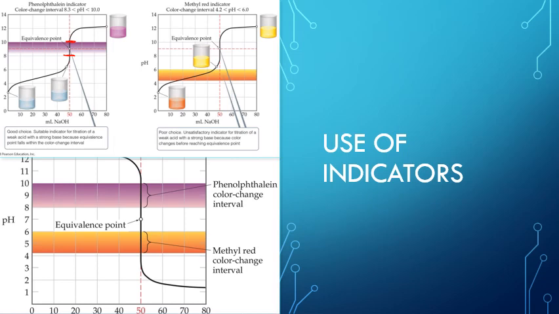However, if we did the same reaction, but we chose methyl red as an indicator instead of the phenolphthalein, you can see that the range for the color change of the methyl red is between 4.2 and 6.0. So whereas we reach the equivalence point here at 50 milliliters, the first time I would see the color change occurring would be right over here, somewhere approximately at 15.